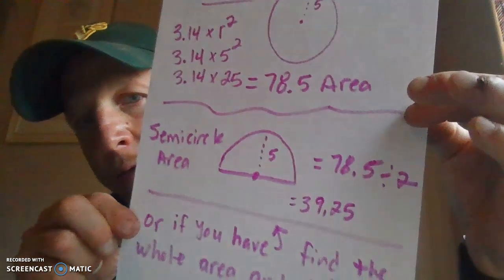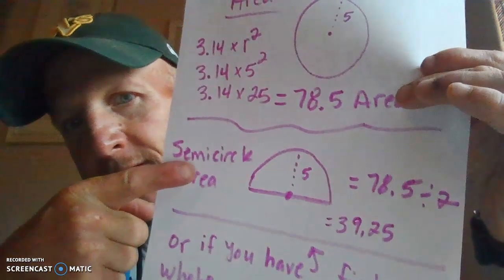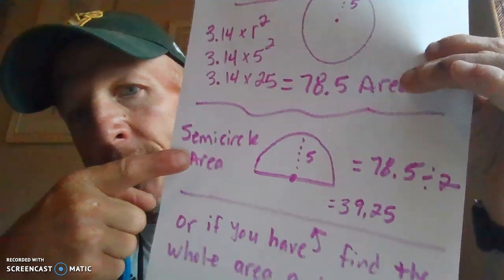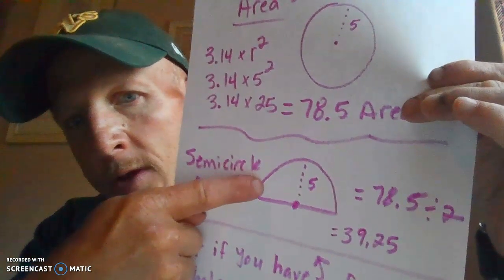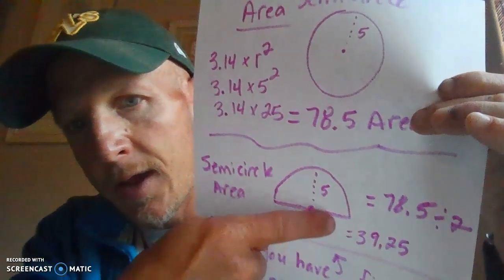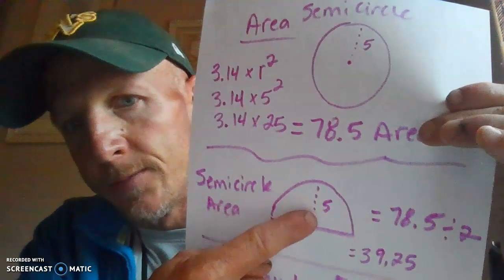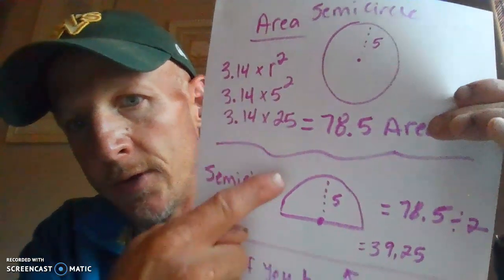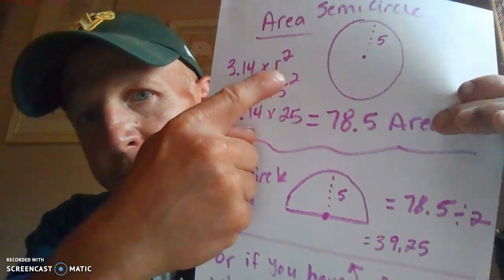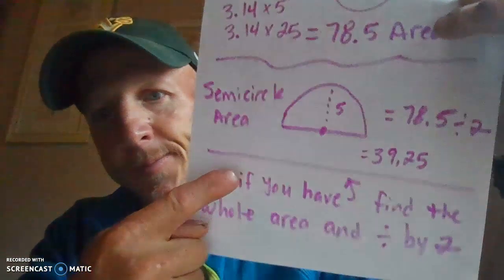Now you may be asking, what if I only have half of a circle? Well, if I was given this semicircle here and asked to find the area, I would just pretend I'm going to find the area of the whole circle as I did above, because I know the radius of this circle and I know how to find the area of a whole circle. So I would just apply this formula to this semicircle, okay?